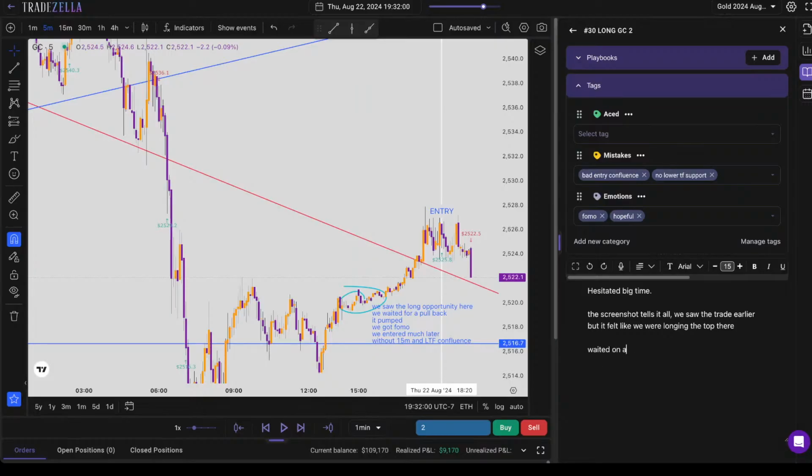Waited on an entry, on a slight pullback that never came, and then FOMO. Felt the FOMO and entered based on it.